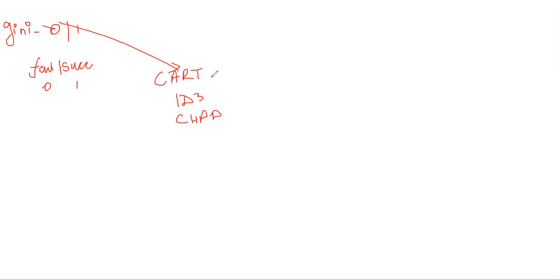How do we calculate Gini for a split? First, calculate Gini for the subnodes using the sum of squares.